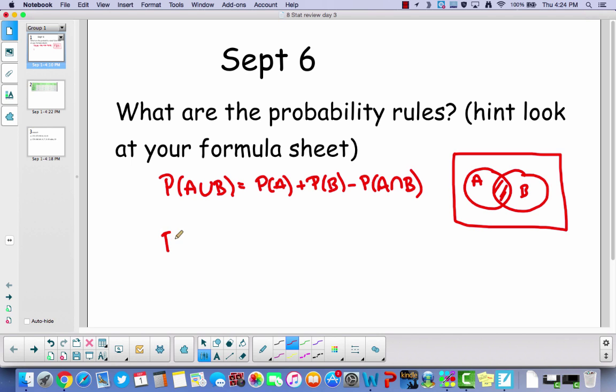Probability of A intersect B is the probability of A times the probability of B, given that they're independent events.